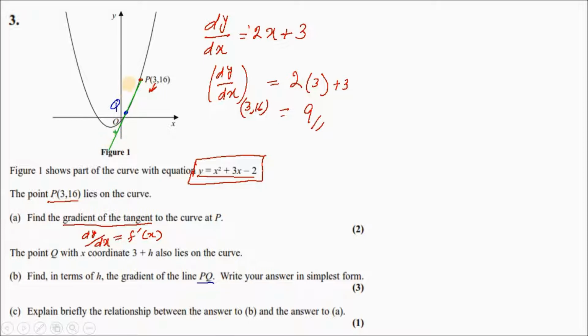And remember, this line which is passing through 2 points is called a secant line. Okay, so we need to find the gradient of the line PQ. We have the x coordinate of the point Q, but we don't have the y coordinate. So first we are going to find the y coordinate of point Q, and then we can use the formula for gradient, which is y2 minus y1 divided by x2 minus x1. So let's figure out the y coordinate of Q.